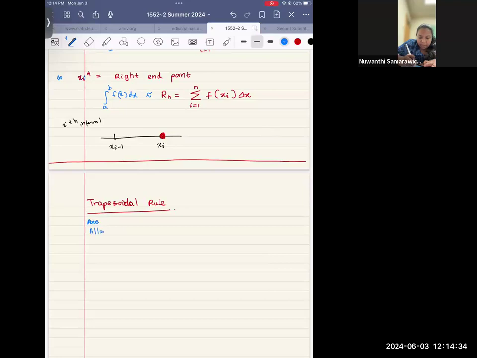This allows you to find or estimate the value of a definite integral, which is the area under a curve.